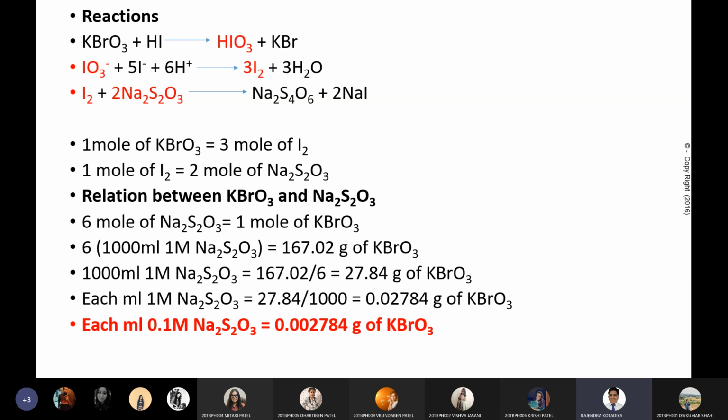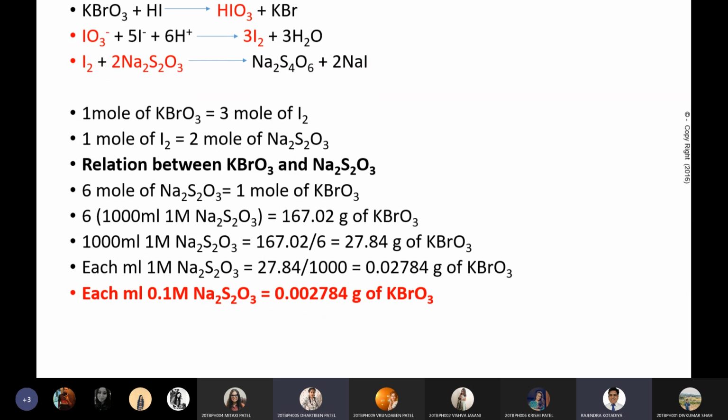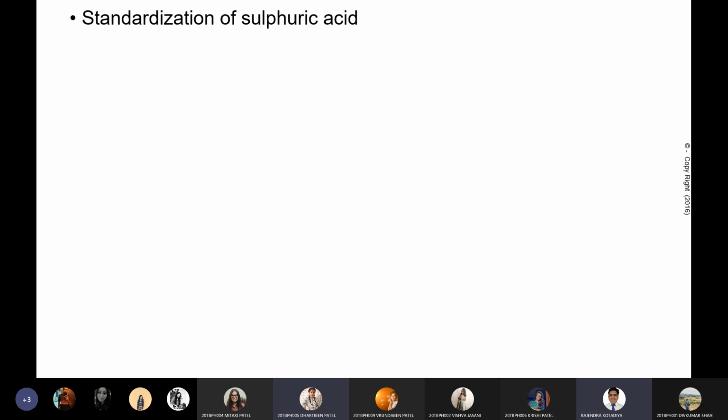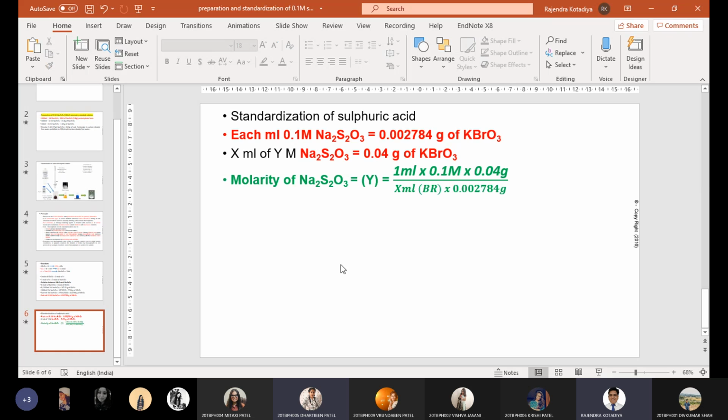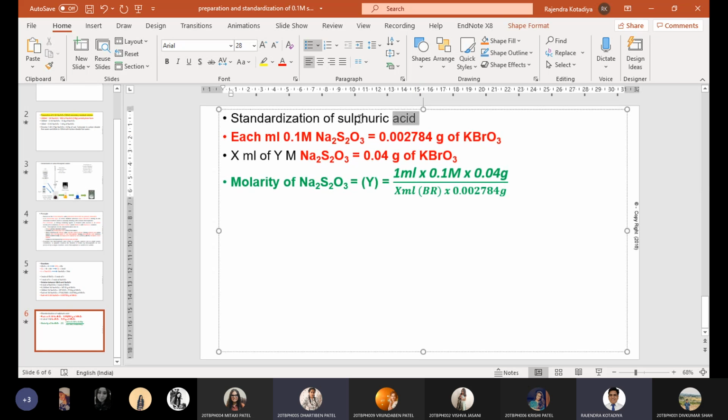So Y molar is equal to what? Sir, Y molar will be equal to 0.1 molar into the amount of KBrO3 we take, divided by 0.002784.